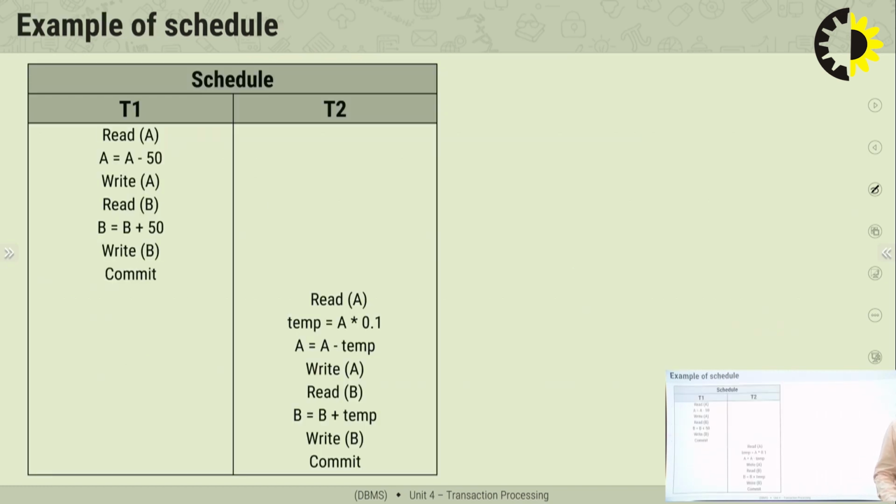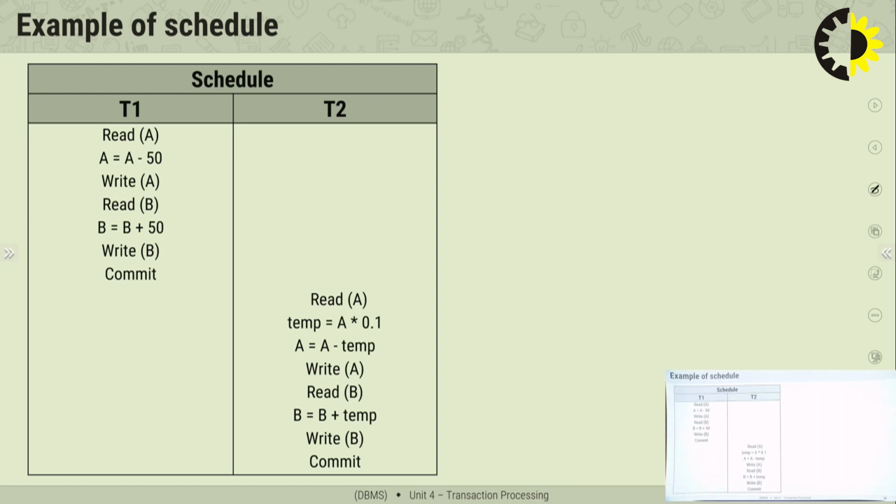This is an example of a simple schedule where there are two transactions, T1 and T2. Transaction T1 reads the value of A and updates it. Thereafter, it reads the value of B, updates it and completes.